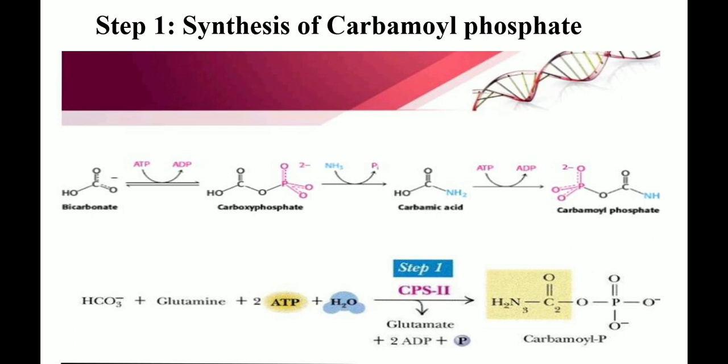This reaction is unusual in that it does not use biotin, and it consumes 2 molecules of ATP. Here you can see bicarbonate, glutamine, 2 molecules of ATP and a water molecule; when the carbamoyl phosphate synthetase enzyme acts on them, it produces carbamoyl phosphate. The 2 ATP molecules consumed in this reaction serve different roles: the first molecule provides a phosphate group, which you can see attached to carbamoyl phosphate, and the other ATP molecule energizes the reaction.